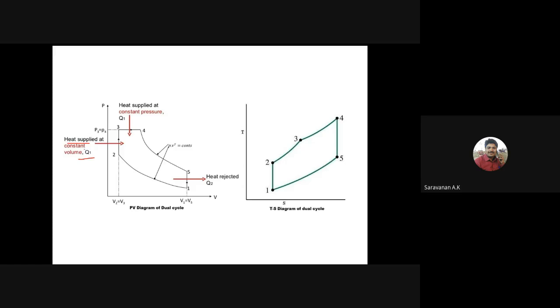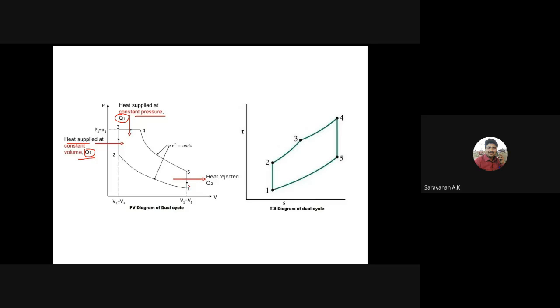And one more partial heat addition takes place at constant pressure, that is 3 to 4. Then 4 to 5 is adiabatic expansion, and 5 to 1 is a heat rejection process. So here we can draw a TS diagram.